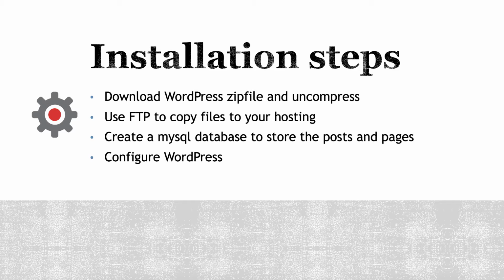And that's the MySQL database. And then the final step is to configure the site so that everything talks to each other and so that it's set up in the same way as you might do in the configuration stage of a one-click install. And so we'll look at first downloading that file from WordPress.